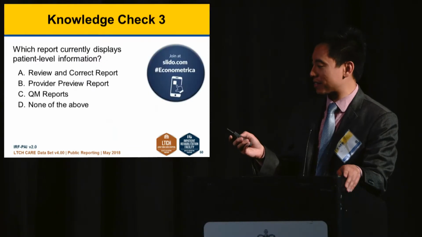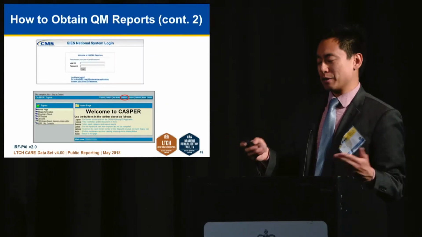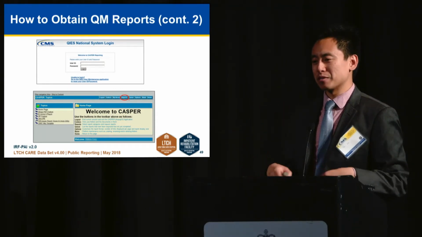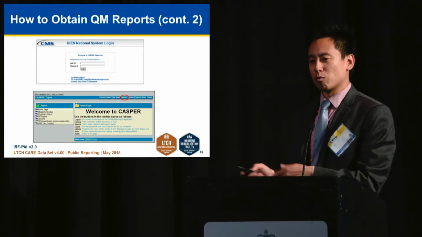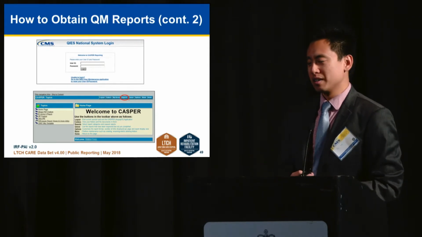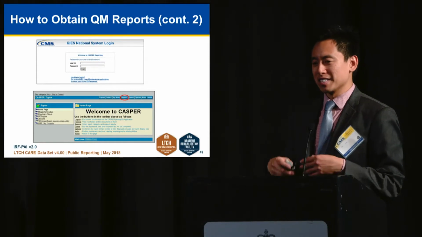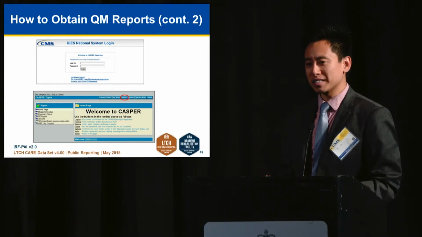I don't have a screenshot right here, but the only difference is for review and correct reports, you see quarter end date, like quarter 1, quarter 2. But for the QM reports, you see a report end date. So it uses a date as opposed to the quarter. If you want to request this quarter, it doesn't say quarter 2, 2018. It'll say June 30th, 2018 instead.